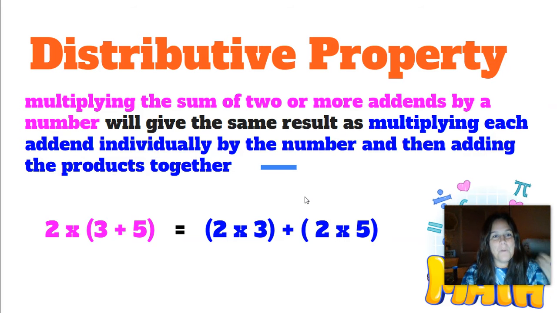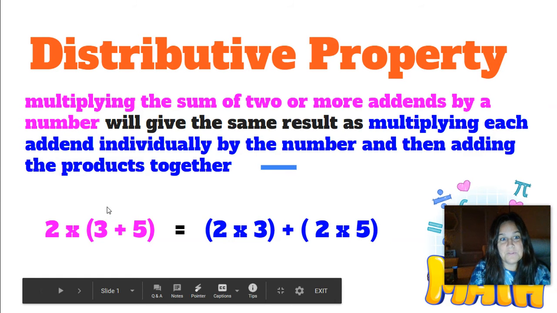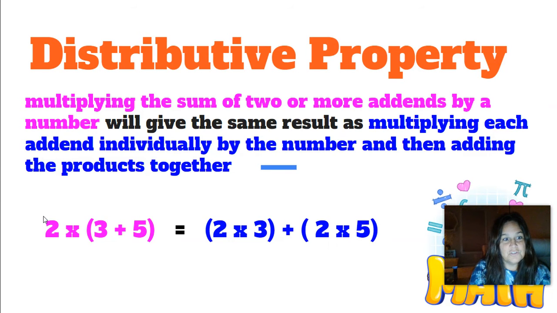So multiplying the sum of two or more addends by a number will give the same result as multiplying each addend individually by the number and then adding the products together. So the sum of two or more addends by a number, we've got 3 plus 5. 3 plus 5 equals 8. 2 times 8 will give us 16.